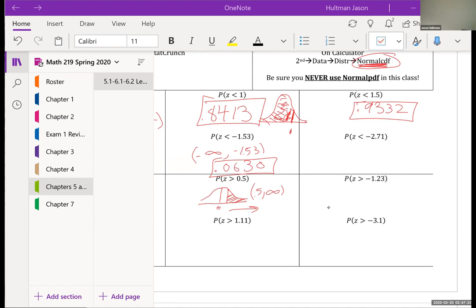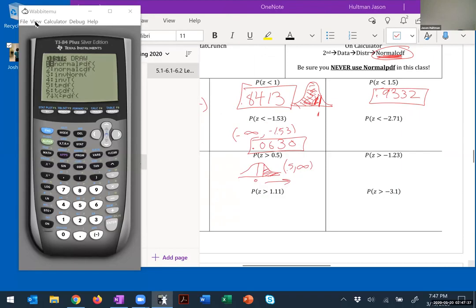Then we go to the calculator. Hopefully you can see everything now. I'm going to go to normal CDF. The lower bound is 0.5, and then the upper bound is infinity.